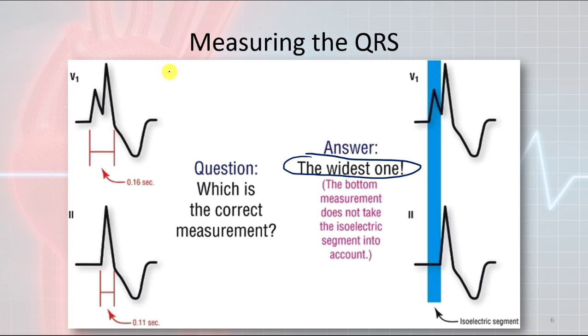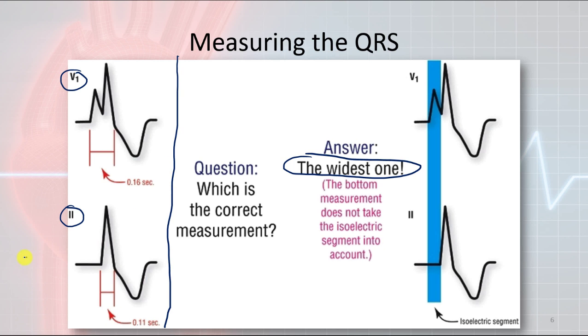So in this case, we're going to pretend that these are the same leads. Here's V1, here's lead 2, and this is why it's important that you do a 12 lead on patients who have anomalies on their regular rhythm strip. You should do a 12 lead to get a better view of what's going on in the heart.